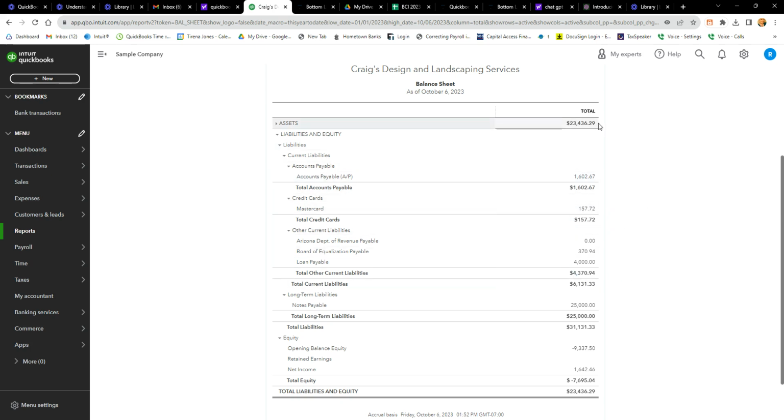Somehow we had to pay for all these assets, right? Or money's in the bank. So you either had a note, or you used your credit card, or you had prior earnings, right? So retained earnings is your prior earnings from prior periods, or the owner puts money into the company.